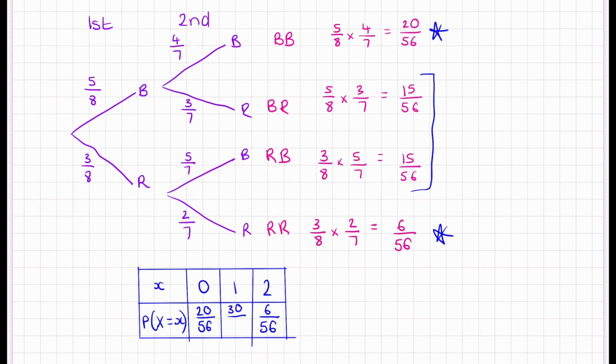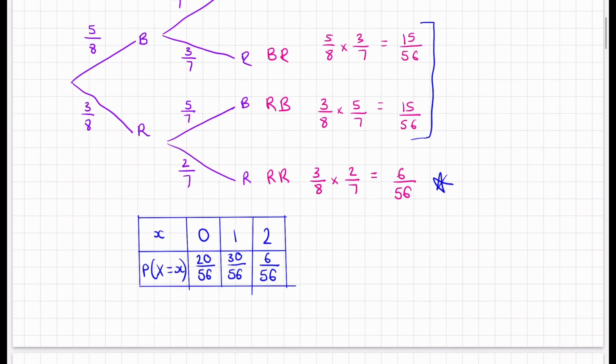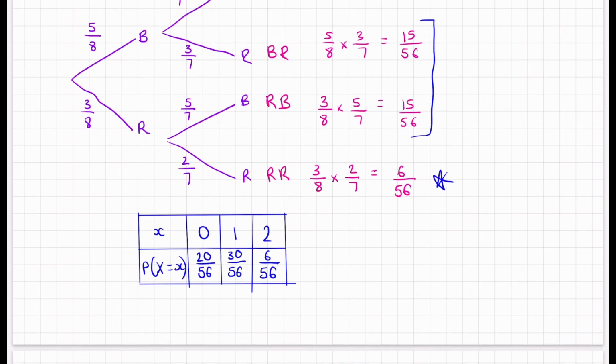Now you can simplify these fractions if you wanted to, but your calculator might do that automatically. And if you did, it would be 5 out of 14, 15 out of 28, and 3 out of 28. And that's what probability distribution looks like. It's that table we've just drawn there.